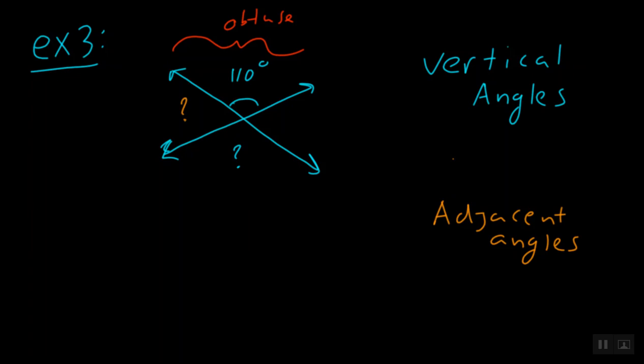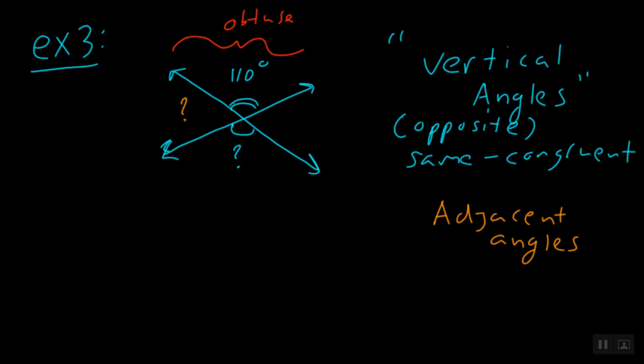Now, the first thing you'll notice is that from this angle to this angle, they are directly opposite from each other. And so when we have two lines cross and they have opposite angles, well, these are called vertical angles. And the cool thing about vertical angles is that they are the same or congruent.